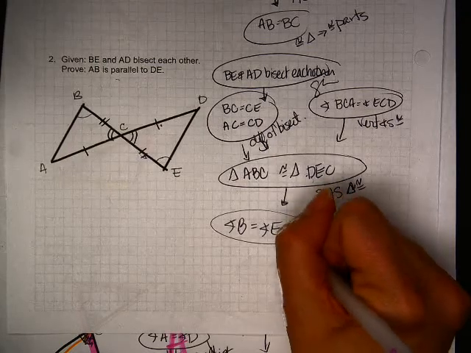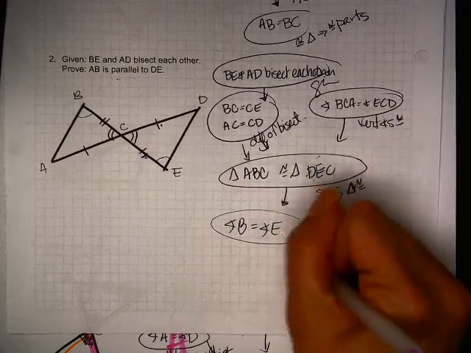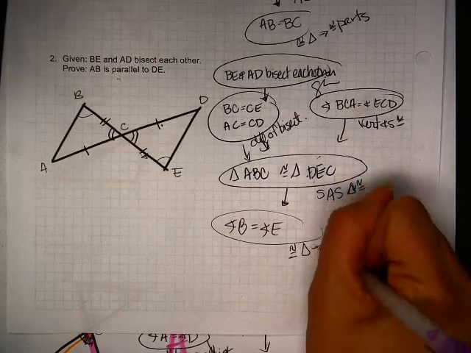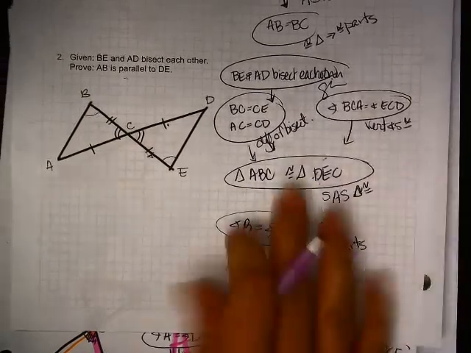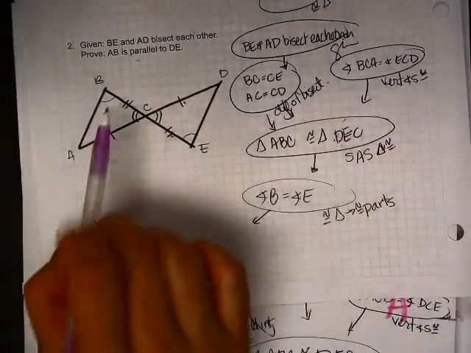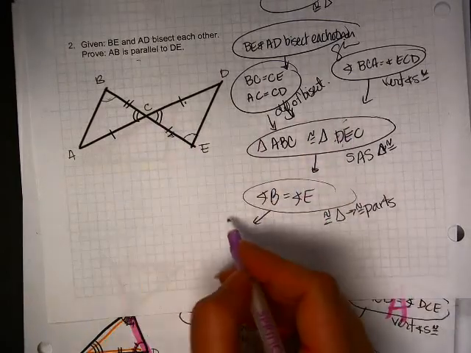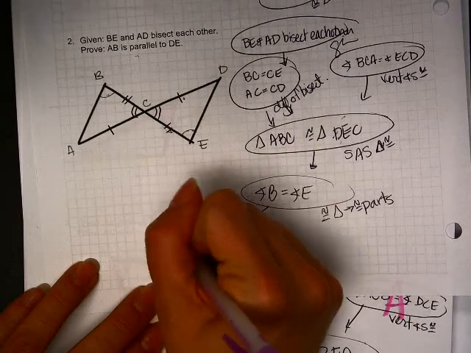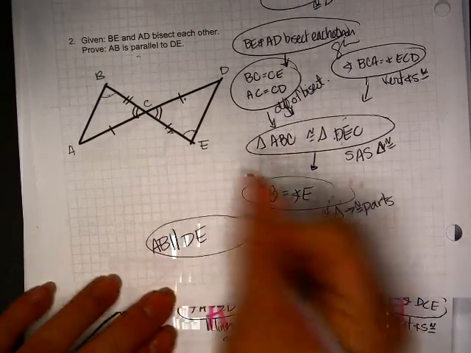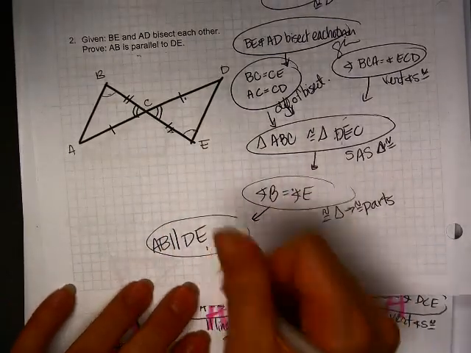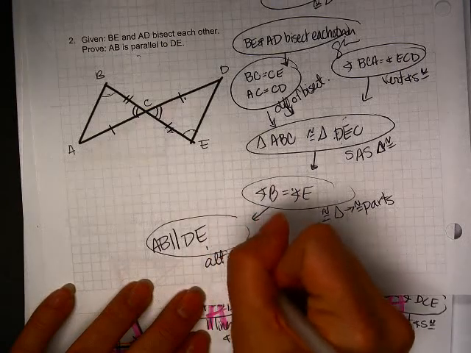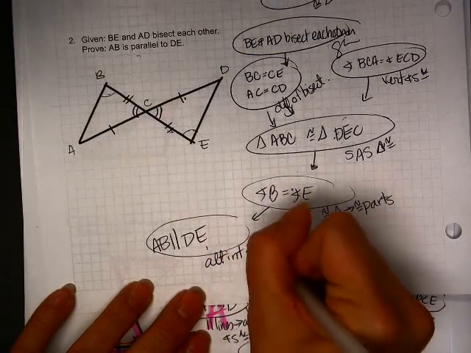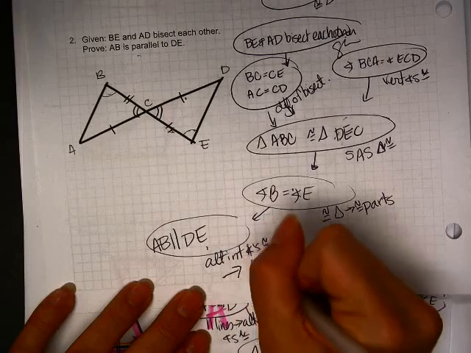This is why congruent triangles give me congruent parts. And since those angles are equal, that's why these lines are parallel. These angles give me parallel, because alternate interior angles are congruent, which gives me parallel.